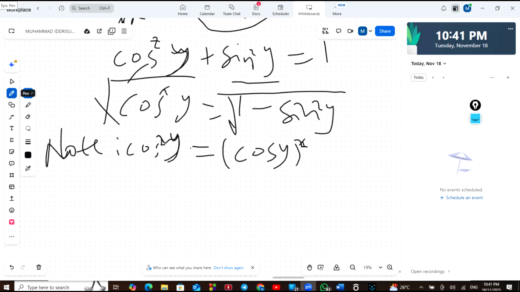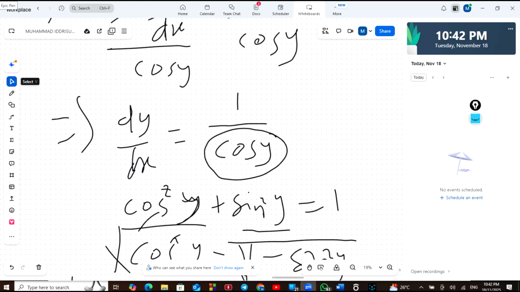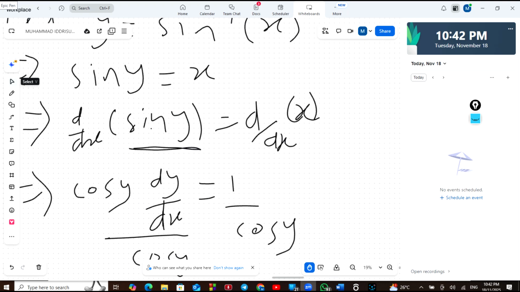So we continue. This implies our cos y will be equal to the square root of 1 minus sine squared y. But from here we know what sine y is.